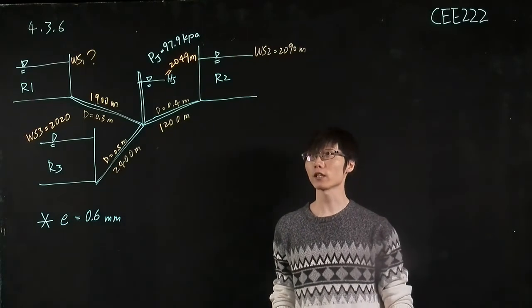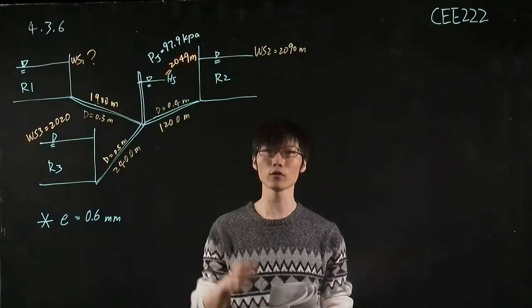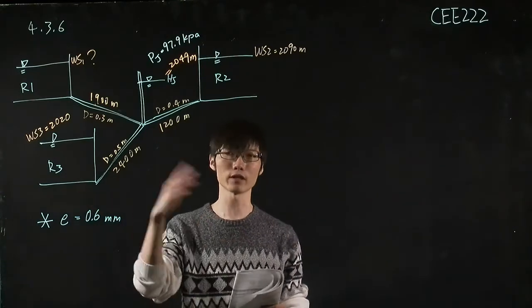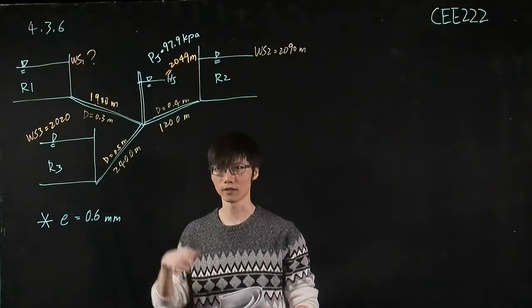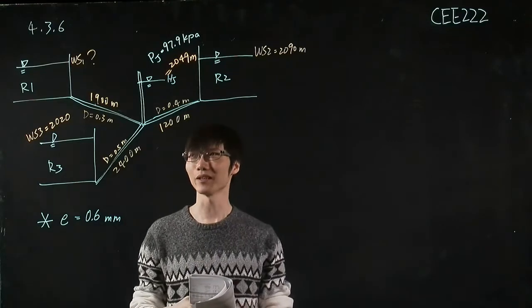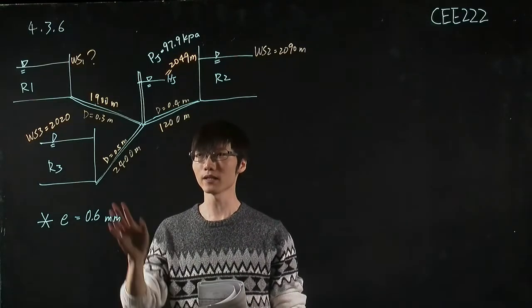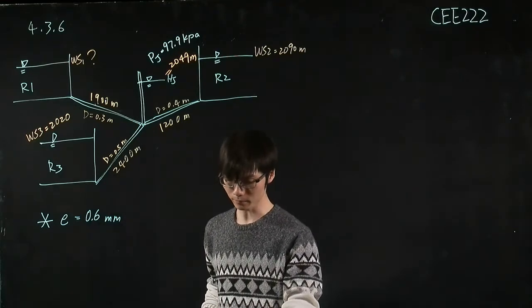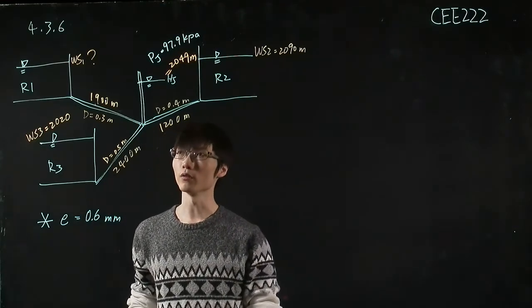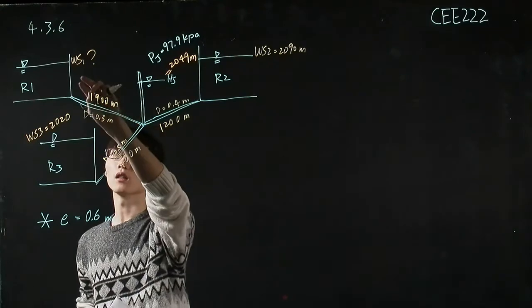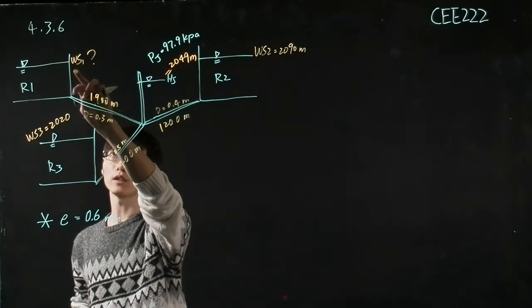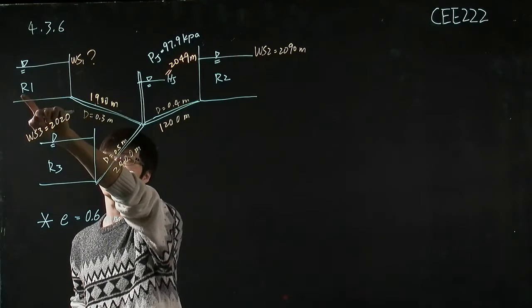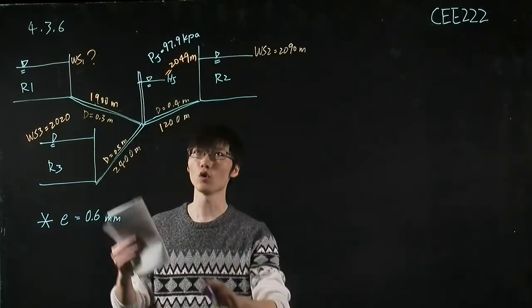Okay, now let's look at problem 4.3.6. This is a classic three reservoir problem, as in our previous problem. But now the system setting is different. We want to solve for the water surface level at reservoir 1. So we know all the other information.